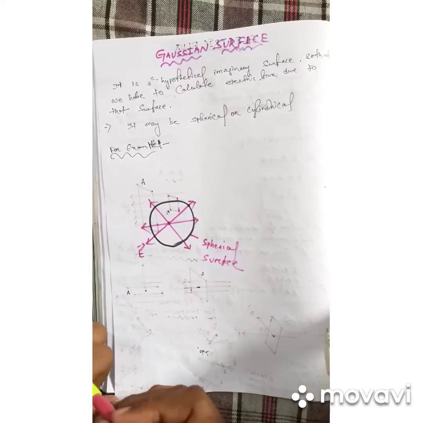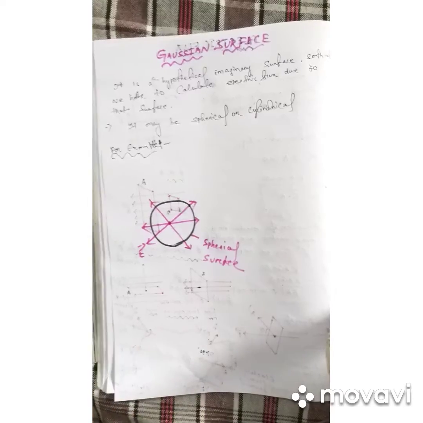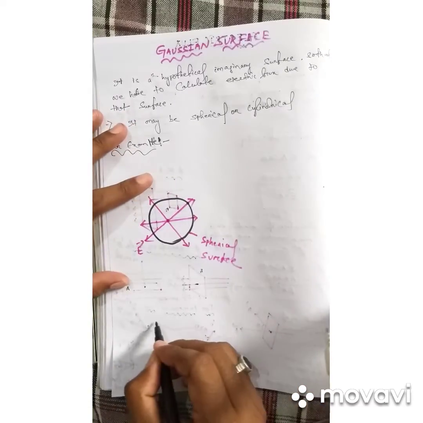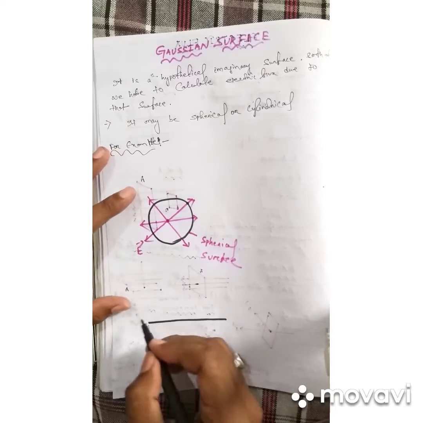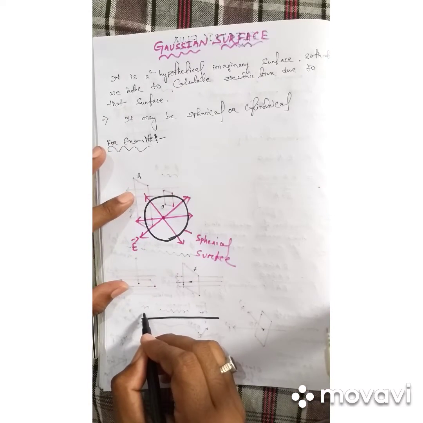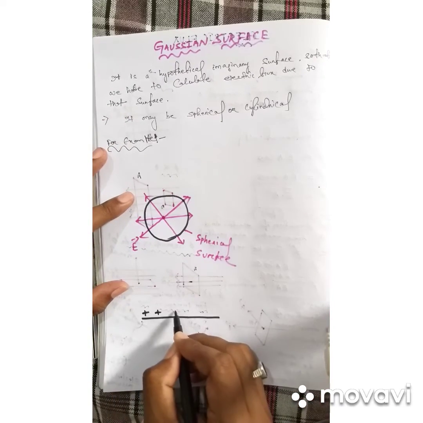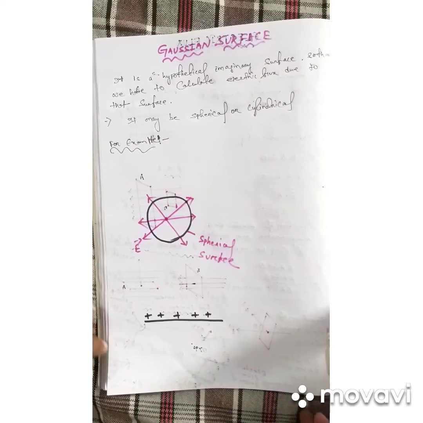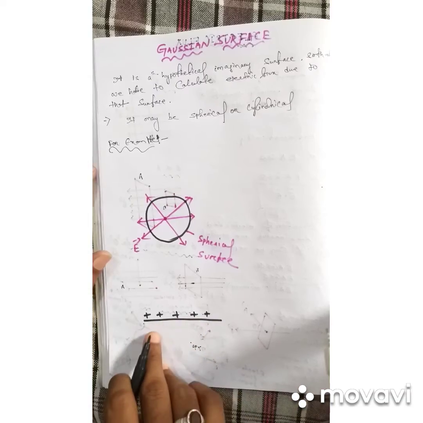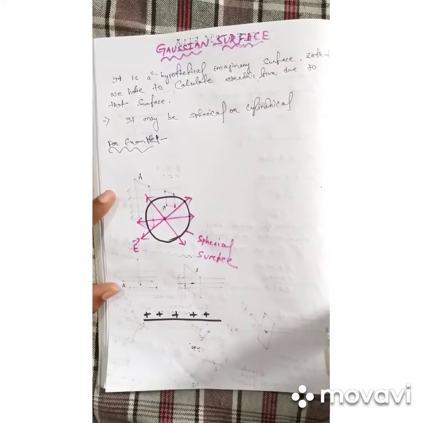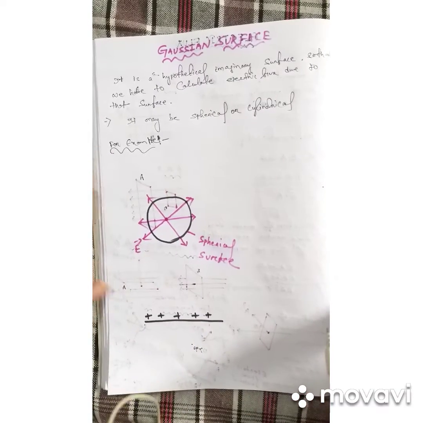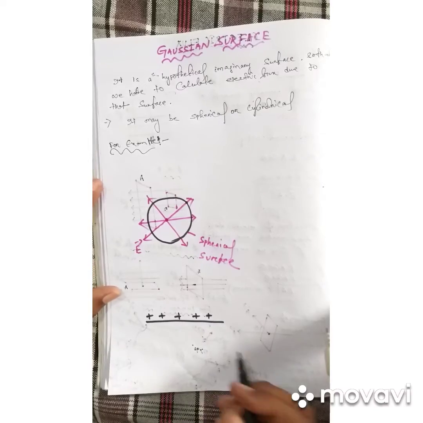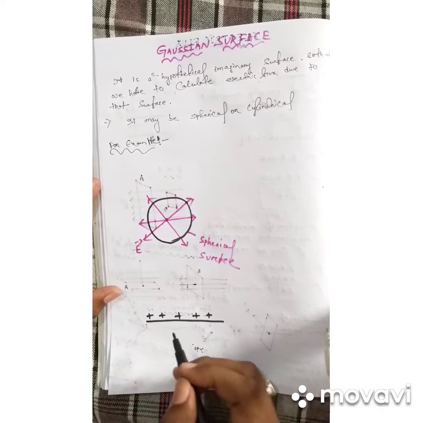If you consider a line charge, here this one is a line charge. That means the charges are distributed uniformly on that line. Due to the line charge, we have to calculate the flux, so we represent a curve.